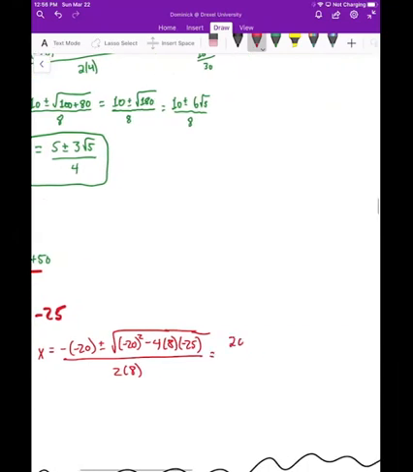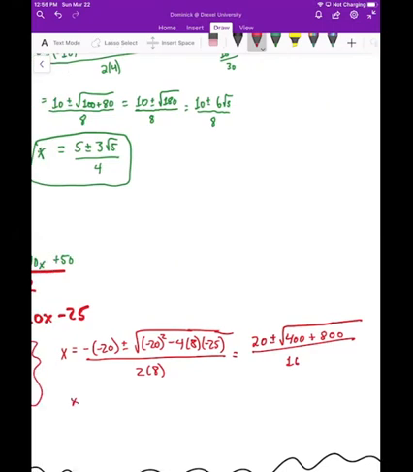So it looks like we get 20 plus or minus. Now 20 squared is 400. And then it looks like we have negative 4 times negative 25 is positive 100. And then we get a times 8, so we'll get a plus 800 over 16.